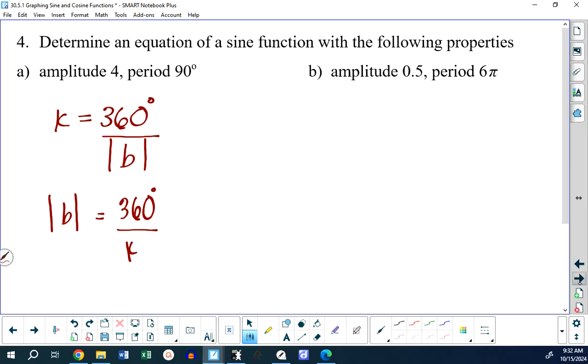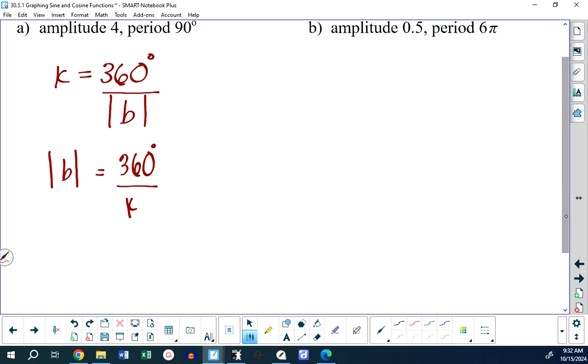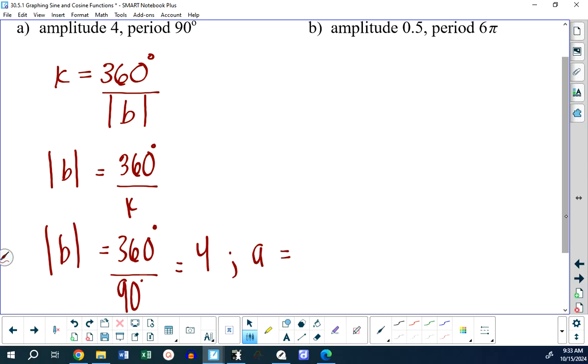So in every example we've looked at, you knew b and you put it into the top equation to find the period. Here we know the period, you're going to put it into the bottom equation to find b. The absolute value of B will be the regular run-of-the-mill period divided by 90 degrees, which gives you 4. So, and clearly, well, I hope clearly, the absolute value of A happens to be 4 as well, because the amplitude is 4.